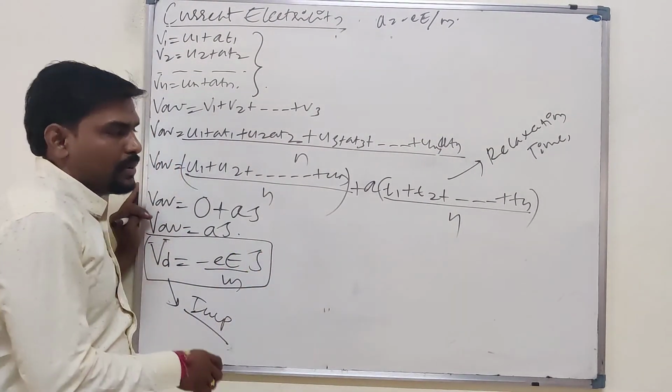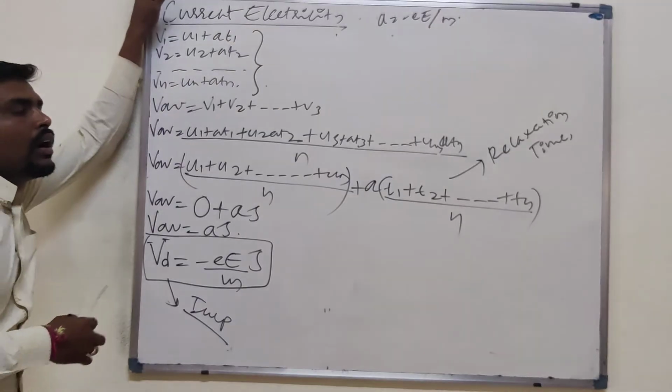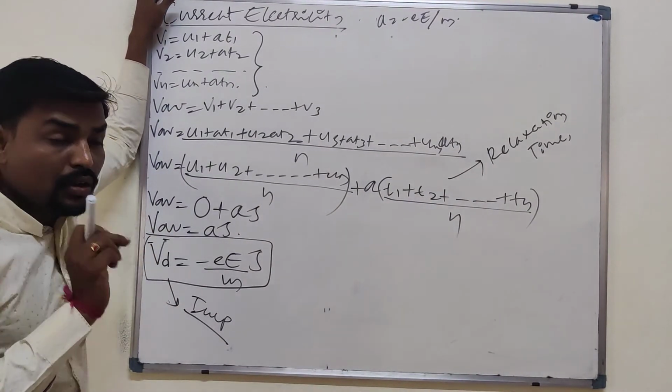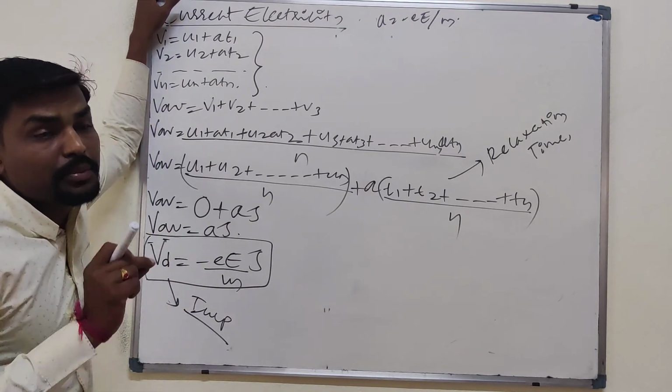So then what happens? There is initial velocity. After we get an electron, it experiences a force.